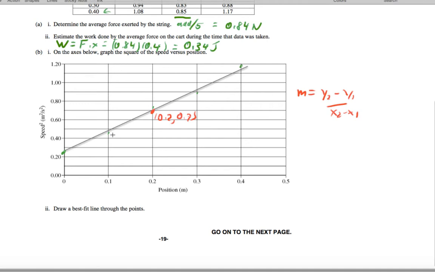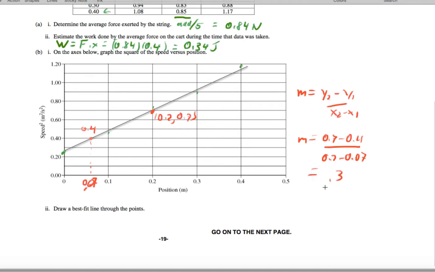And then here, just to try to get some sort of number, that looks like about 0.4 right there, because that's where it intercepts. So our slope is going to be 0.7 minus 0.4 divided by 0.2 minus 0.07.